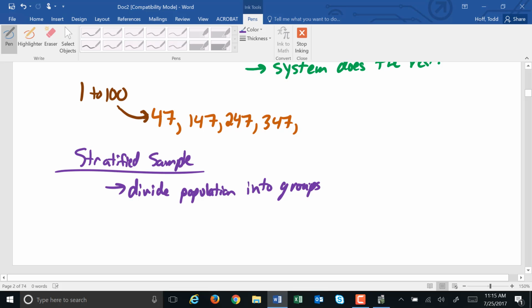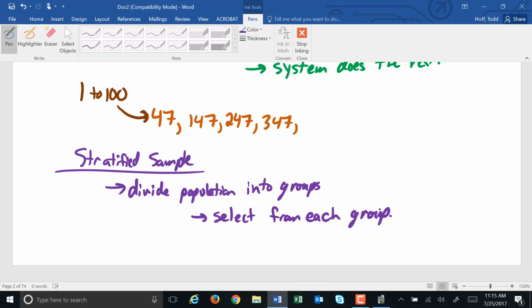But now instead of selecting whole groups, you select from each group. This happens in companies a lot if they want to do like employee satisfaction. They divide the employees into managers, salespeople, production, secretarial or office staff. Then they'll randomly select, so many from each.